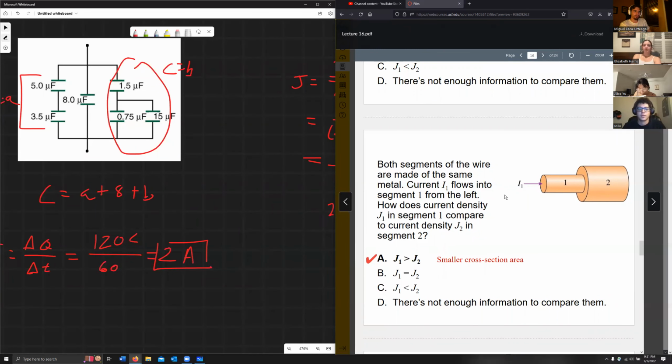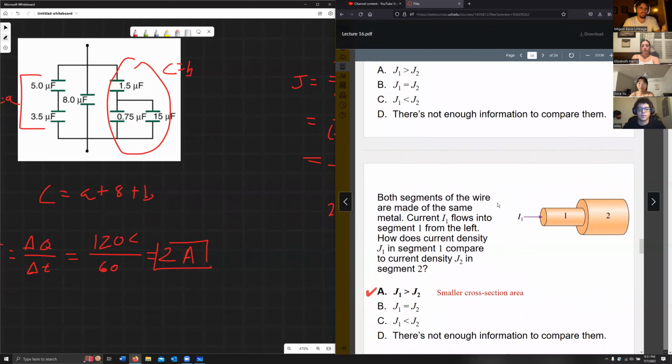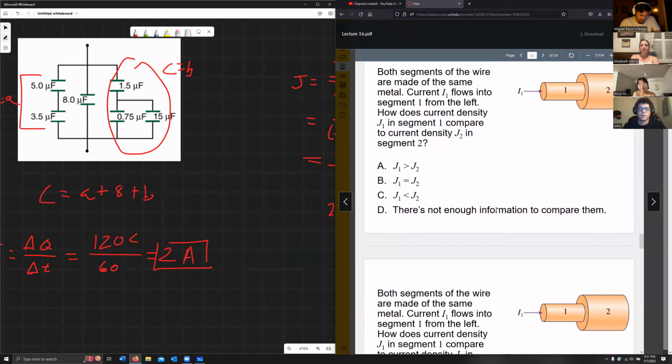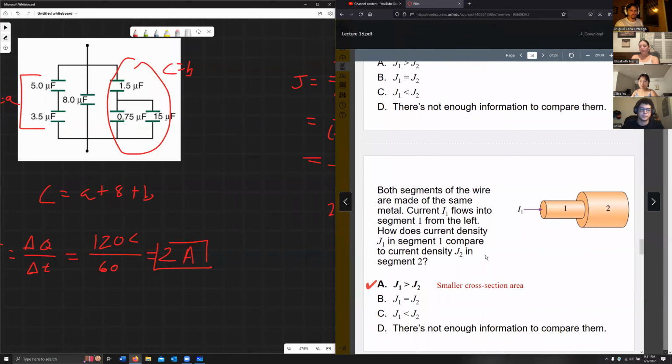Is it double? I guess we don't have a fixed number here. My reasoning is that it starts from the left, which is 1, and then goes to 2. I'm going to assume there's a linear correlation because it's just I over A. So if area doubles in size, you're halving the current density.